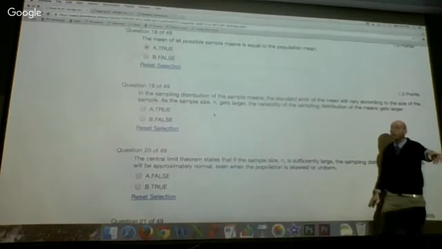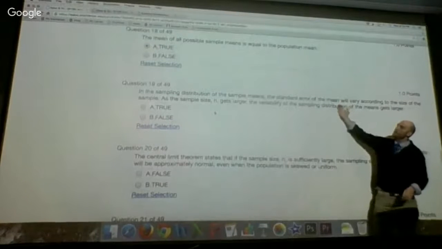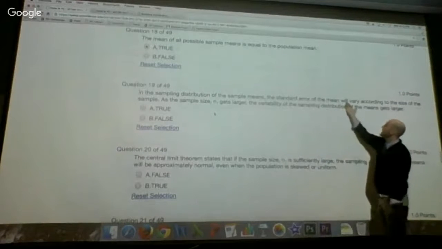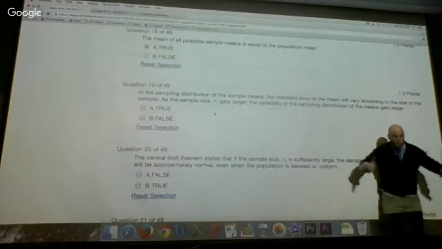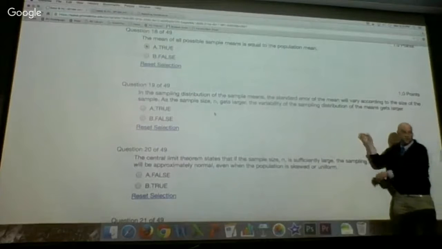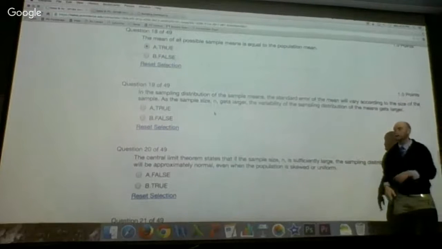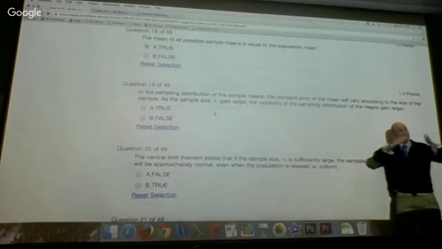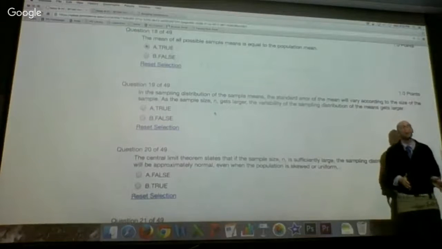So here's the story. In the sampling distribution of the sample means, so in the blue dots, the standard error of the mean, which is its variability, will vary according to the size of the sample. Sample size of 2, sample size 25. That statement is true. We know that with sample size of 2, wide, sample size 25, narrow.